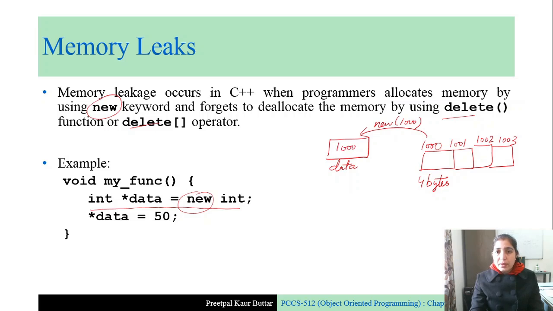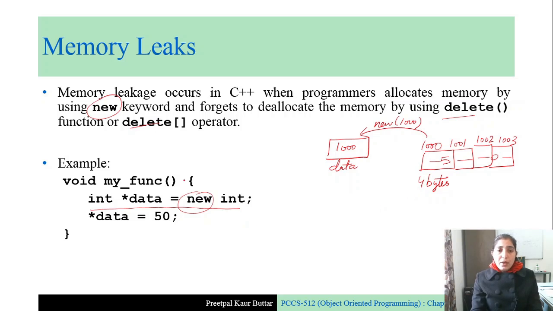So this address will be stored here. Then star data is equal to 50. It means we are putting a value 50 in this memory location. So 50 is being stored here.